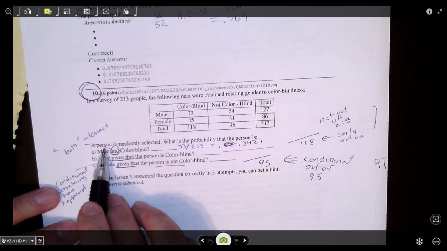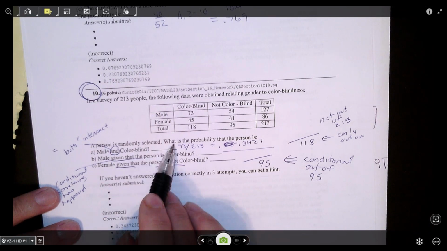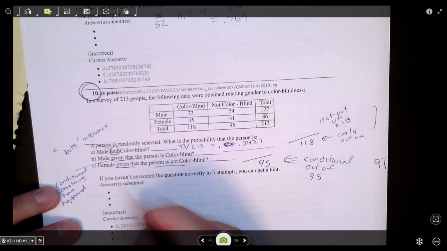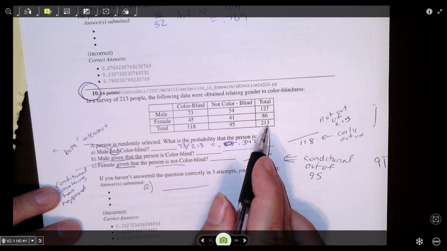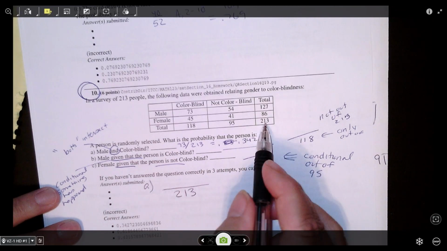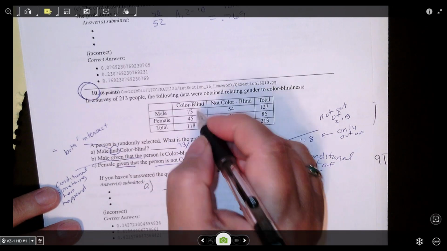A person is randomly selected. What is the probability that the person is male and colorblind? So again, we're selecting from everybody. So decide who you're selecting from first. So it's out of all 213. Out of that total 213, how many are both male and colorblind?